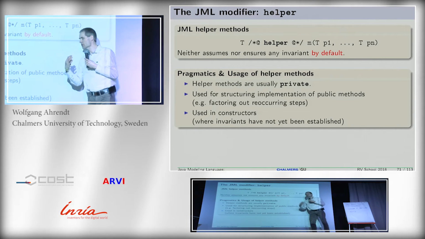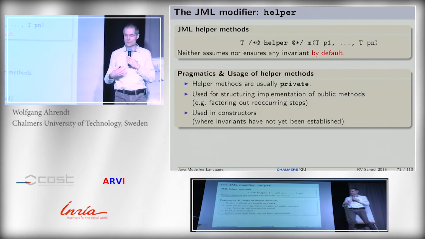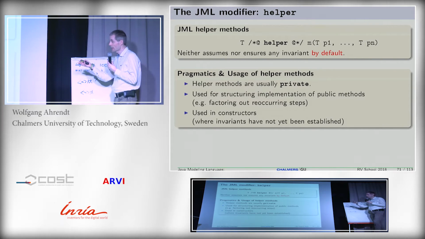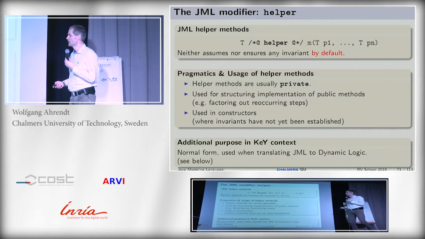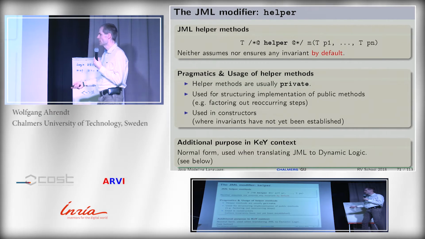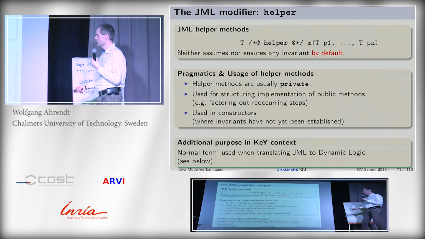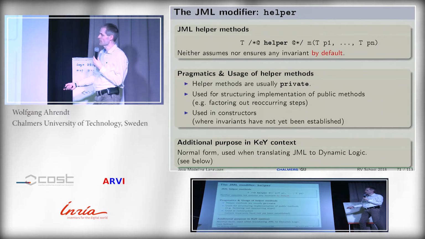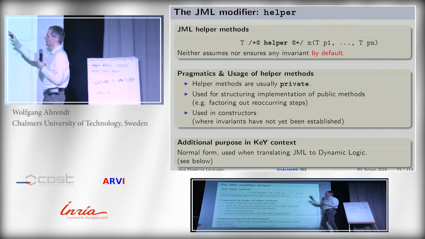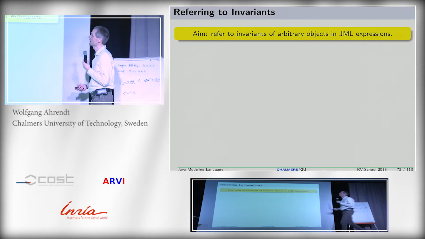They are used for structuring the implementation of the public methods, and they can be used in constructors also. And an additional purpose, which I have slides on later on, is that when we generate logic from the specification, we can normalize JML, and then helper also plays a role. See about that.